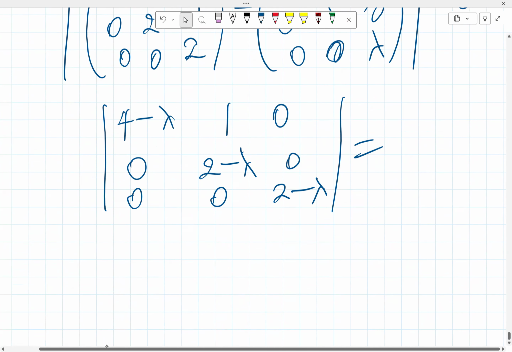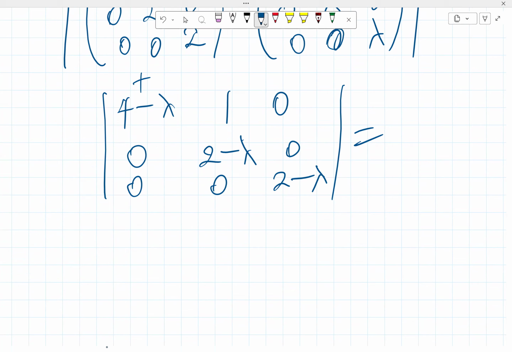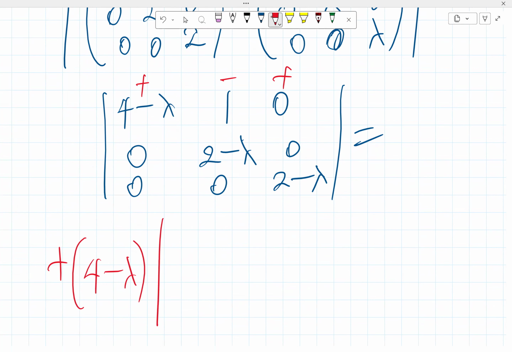So take the determinant. What do we do? For a 3 by 3 matrix, you already know what we do. This is plus minus plus. So usually we say plus 4 minus lambda into cross this and cross this, and we have 2 minus lambda, 0, 0, 2 minus lambda.